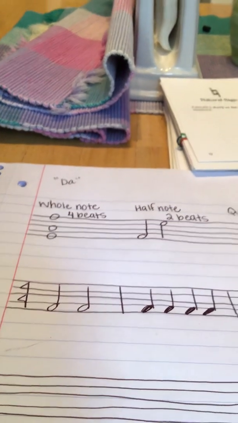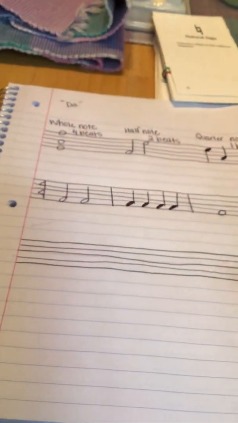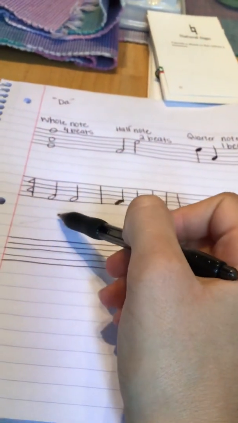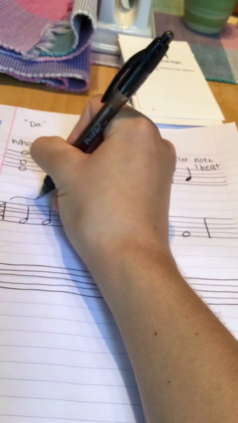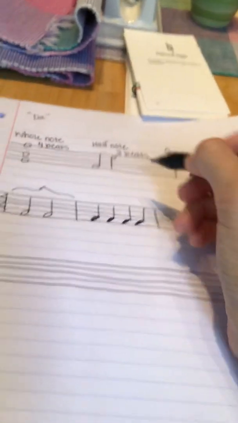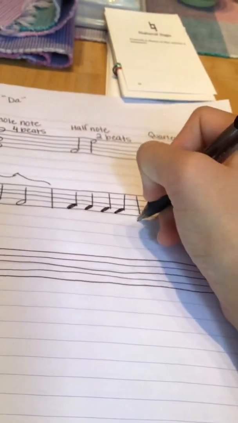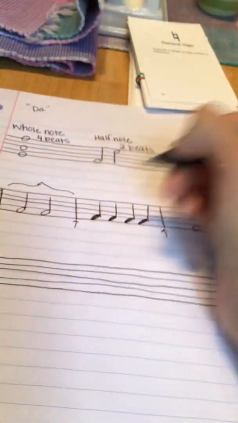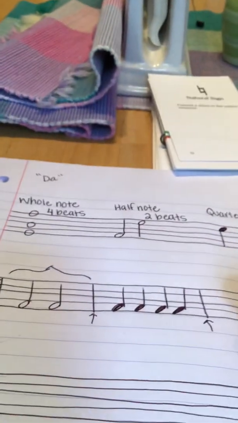So here is our mini piece of music right here. And we have 4 beats per measure. Now, a measure is the space in between the lines right here. So you have these lines, this one, this one, and those are called bar lines.